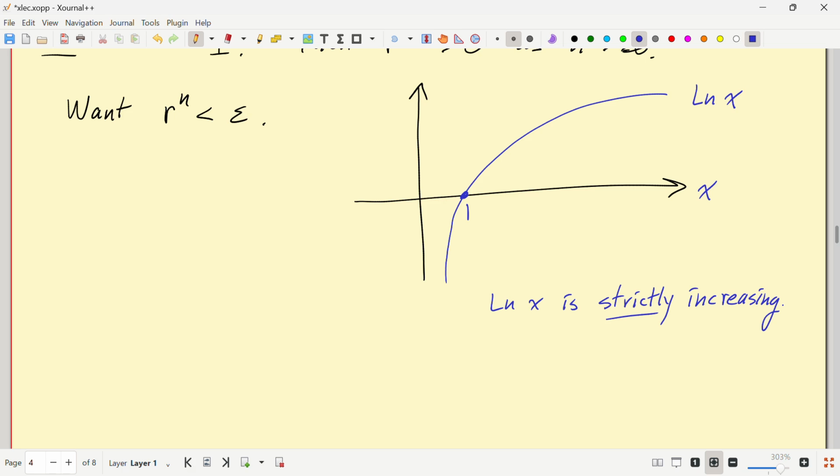Okay, so let's think. This r^n, r is between 0 and 1, so r^n would be between 0 and 1. So when epsilon is 1 or more, we're done.